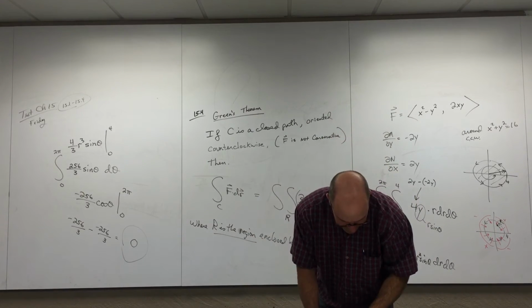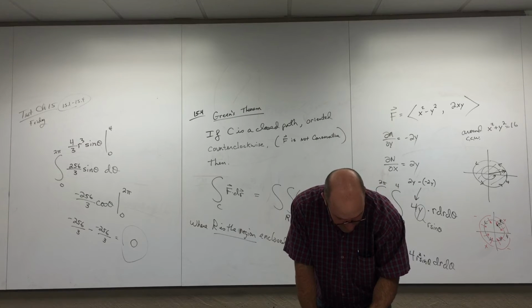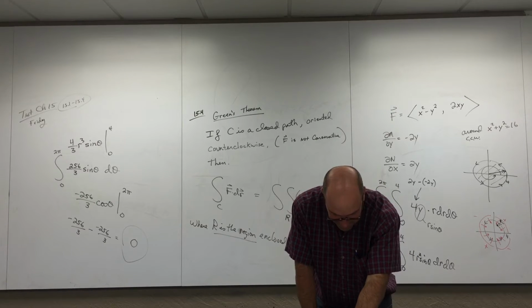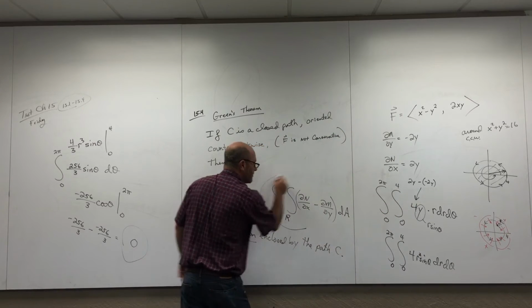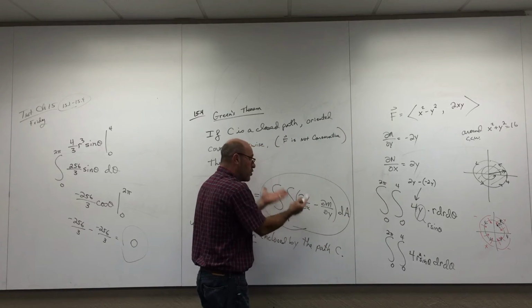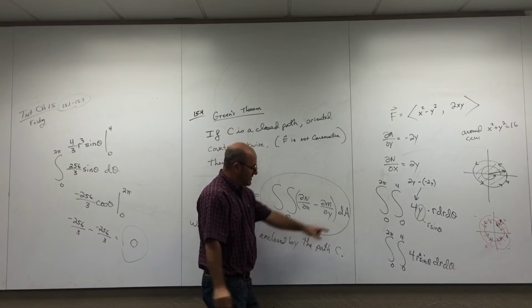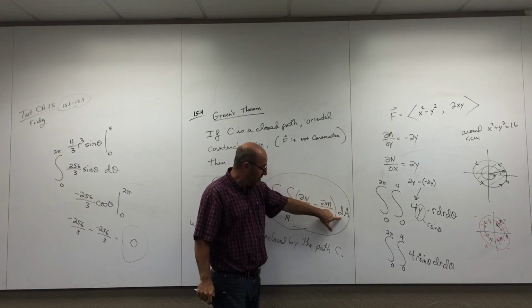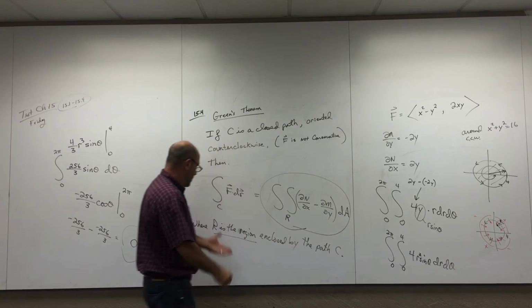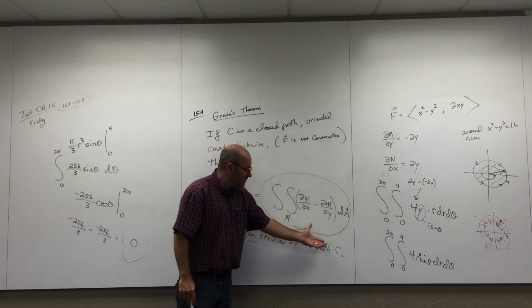Cool. Let me try another problem. I'm sorry, that one turned into a good old polar coordinates, which I wanted to bring up at some point today. This Green's theorem can be done in rectangular coordinates or polar coordinates, right? This dA could be dy dx, dx dy, or r dr d theta. It depends on the region enclosed by the path.